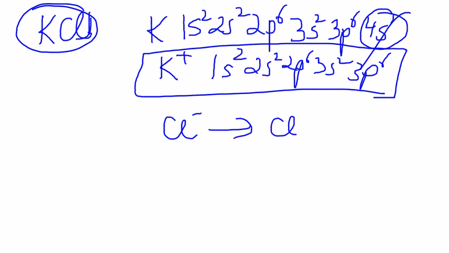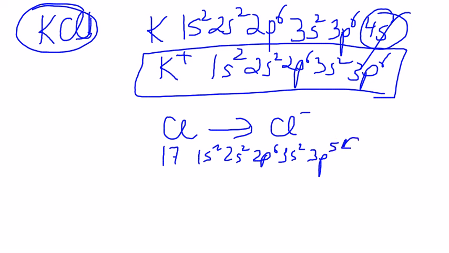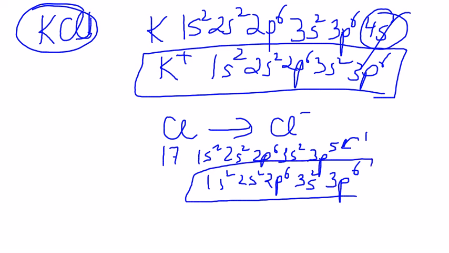Cl, with 17 electrons, 1s2, 2s2, 2p6, 3s2, 3p5, is going to accept an electron, and so it will become 1s2, 2s2, 2p6, 3s2, 3p6, and that will be a complete octet.